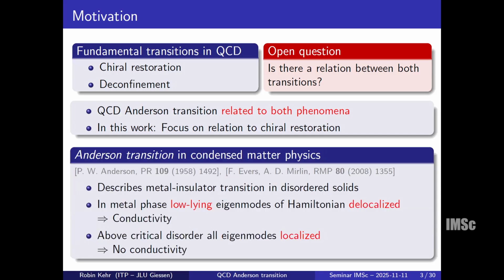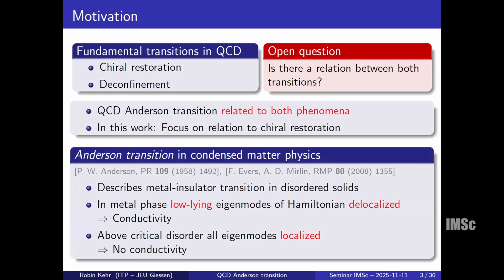So what is the Anderson transition? It originates from condensed matter physics, named after the Nobel Prize winner Philip Warren Anderson. There it describes the transition from a metal phase into an insulator phase in disordered solids. In the metal phase, the low-lying eigenmodes of the Hamiltonian are delocalized and give rise to conductivity.